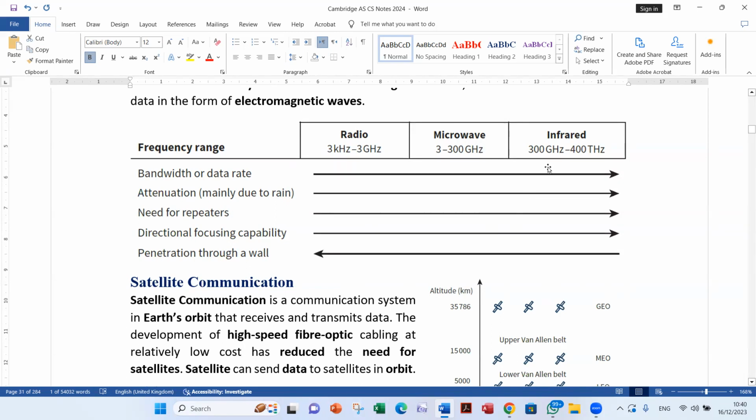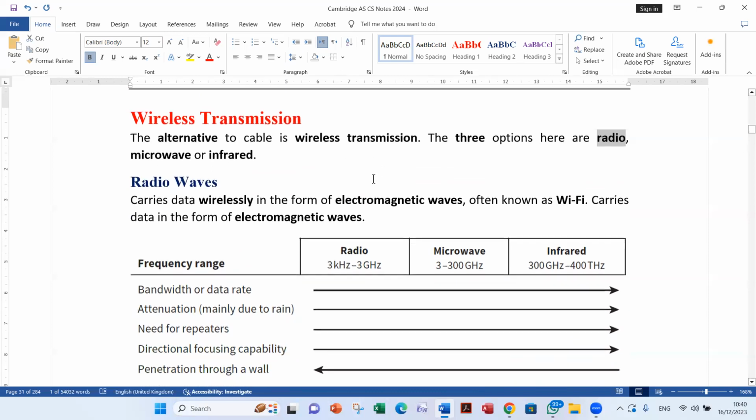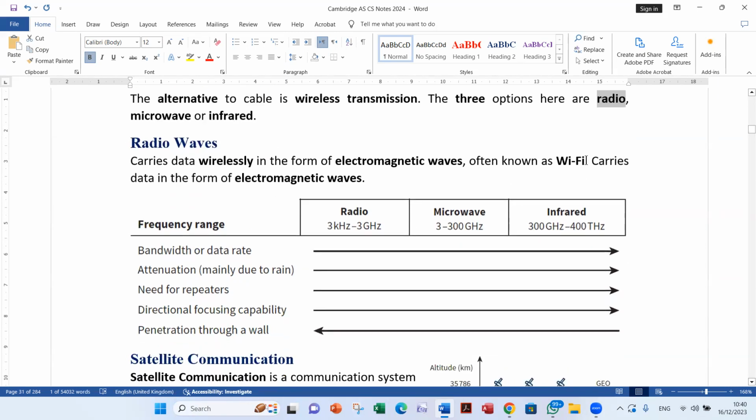Then you would rather use the slower one, because penetration through walls and signal degradation with distance is not that bad. So this is a very small comparison. Radio waves carry data wirelessly in the form of electromagnetic waves. This is often used as Wi-Fi.